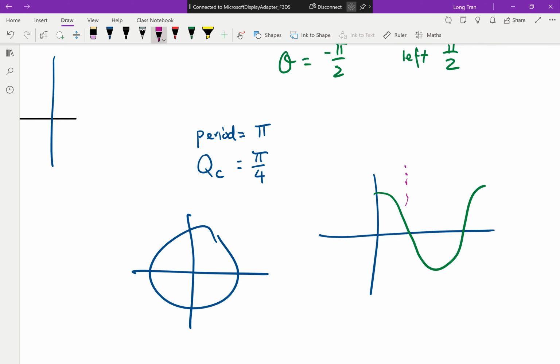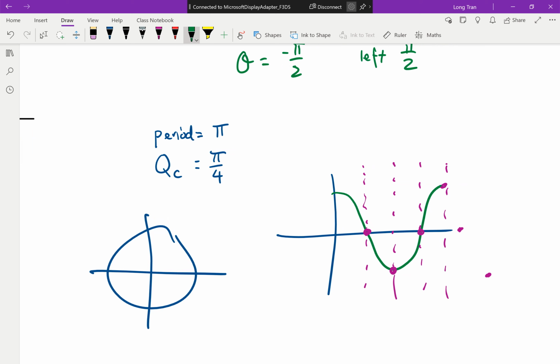The first quarter gets you to center. The next quarter gets you to minimum. The next quarter gets you to center. The next quarter gets you to maximum. The next quarter gets you to center. The next quarter gets you to minimum. So you start to see a pattern here, that if you follow that pattern, you get this continuous cycle. That's why we want to find the quarter cycles.